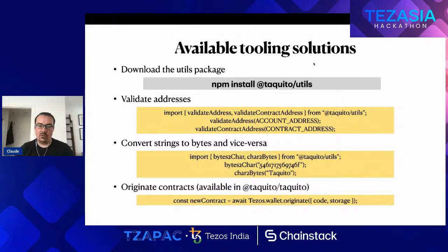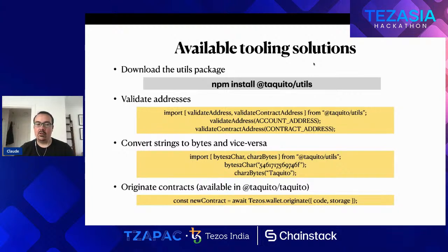And the Utils library exposes different tools that you can use. So, for example, there are different methods to validate addresses. That can be something that you would like to have in your application. For example, if you let your users input contract addresses, or even implicit account addresses, you would like to sanitize those addresses before using them to interact with the blockchain.